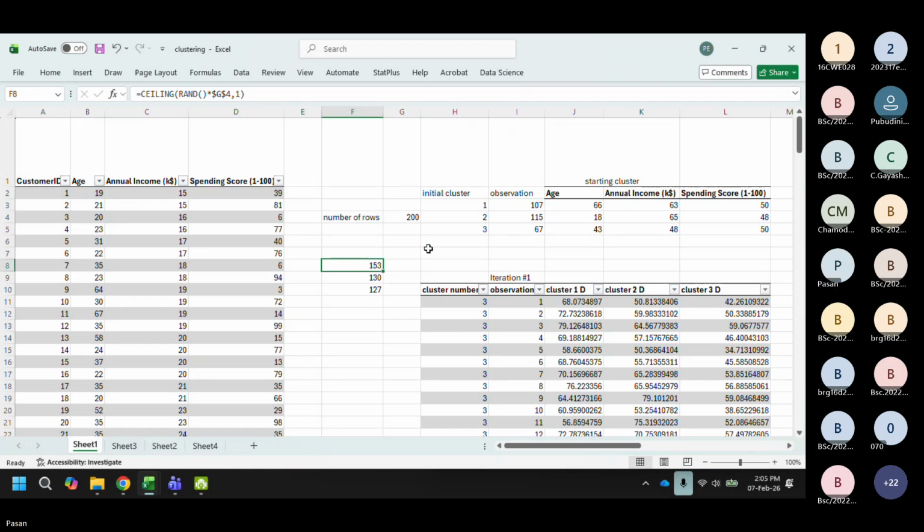So anyway, these two numbers are changing.